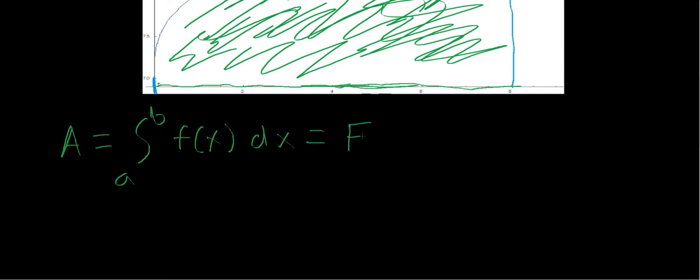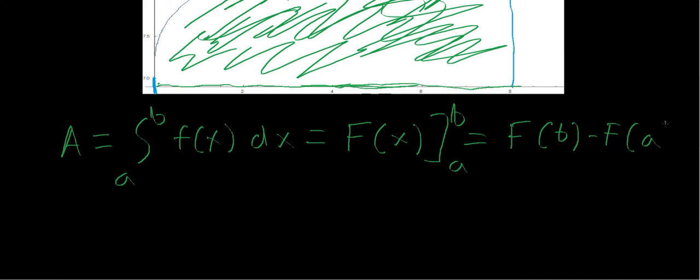Well, we use the fundamental theorem of calculus, which says as x goes from a to b, the integral of f of x dx from a to b equals big F of x, because this has been integrated, evaluated from a to b, which means F of b minus F of a.